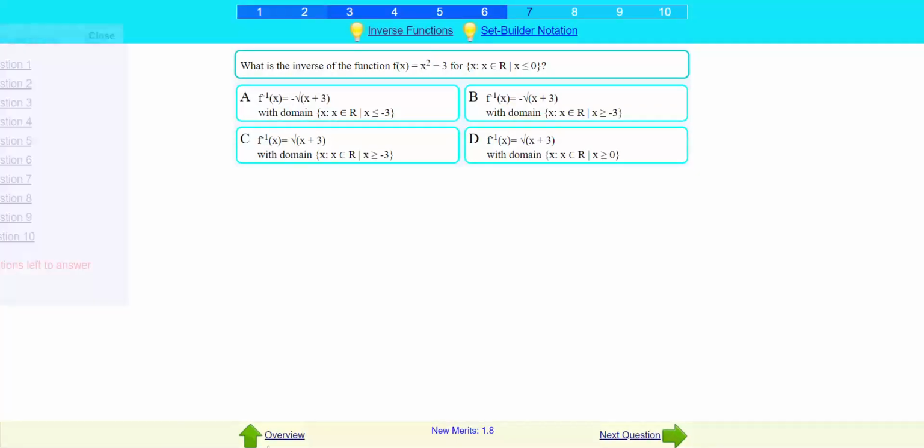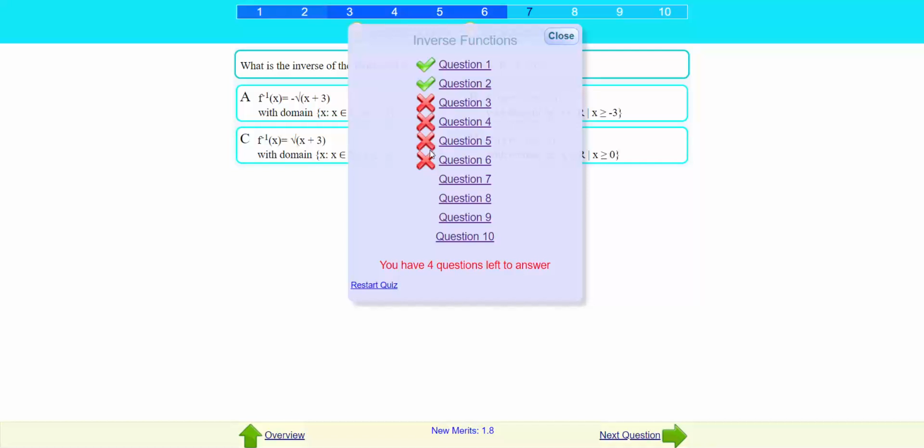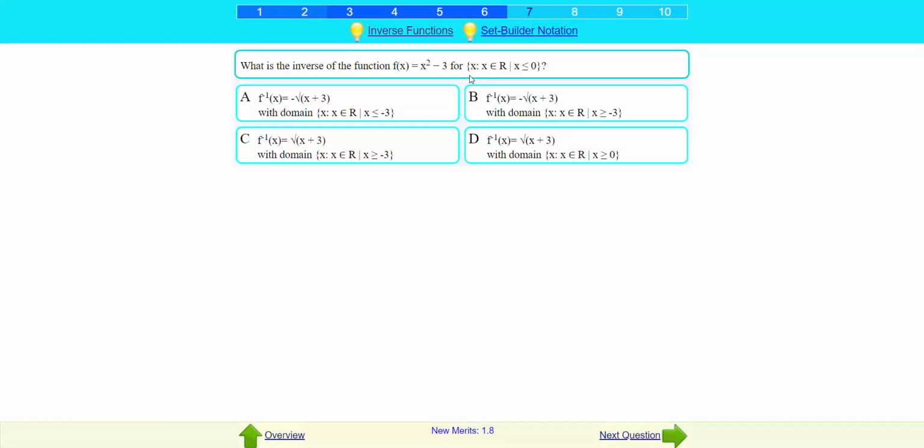Yeah, look at the number of faulty answers I've done. That's terrible. Alright, I still got a chance though. I need to solve all these correctly. So in this case, what is the inverse of the function? So y equals x squared minus 3 for x less than or equal to 0.